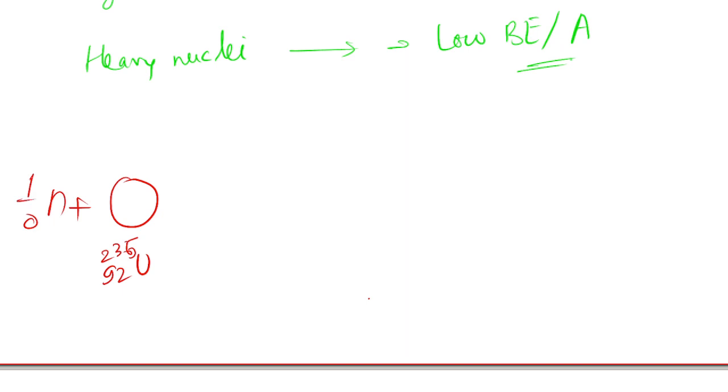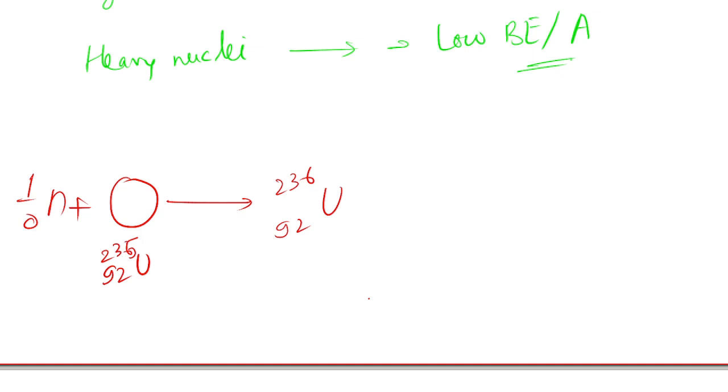When this neutron hits this 92 uranium 235, it becomes even more unstable. It's already unstable, now it's becoming more unstable. And when it becomes more unstable, first of all, let me complete the reaction. What it will look like. Now it will look like 92 uranium 236.